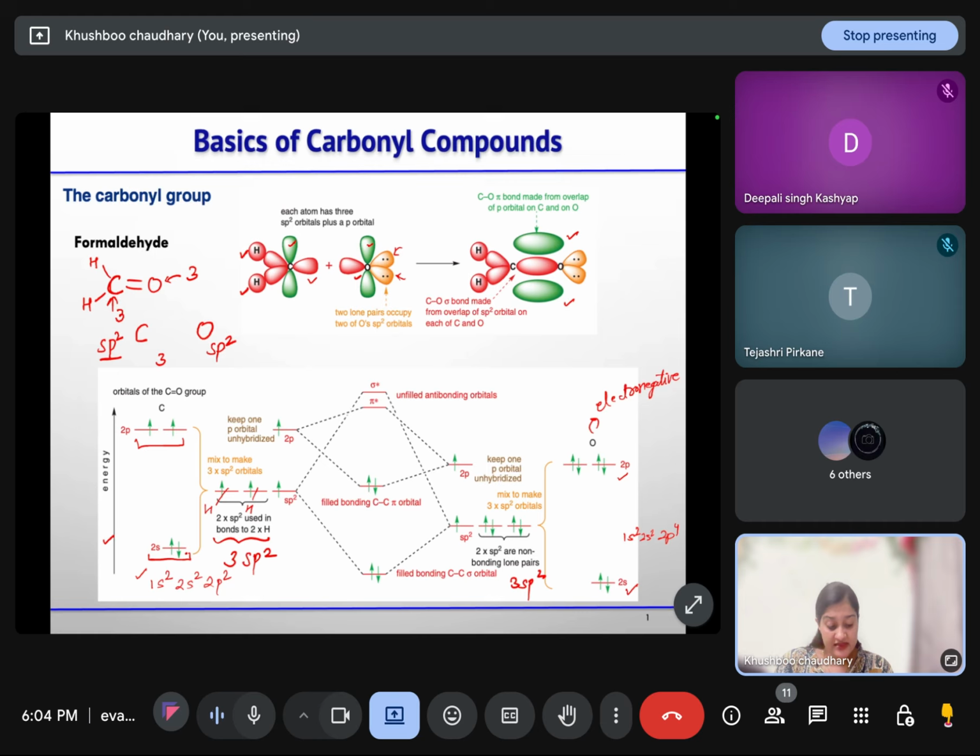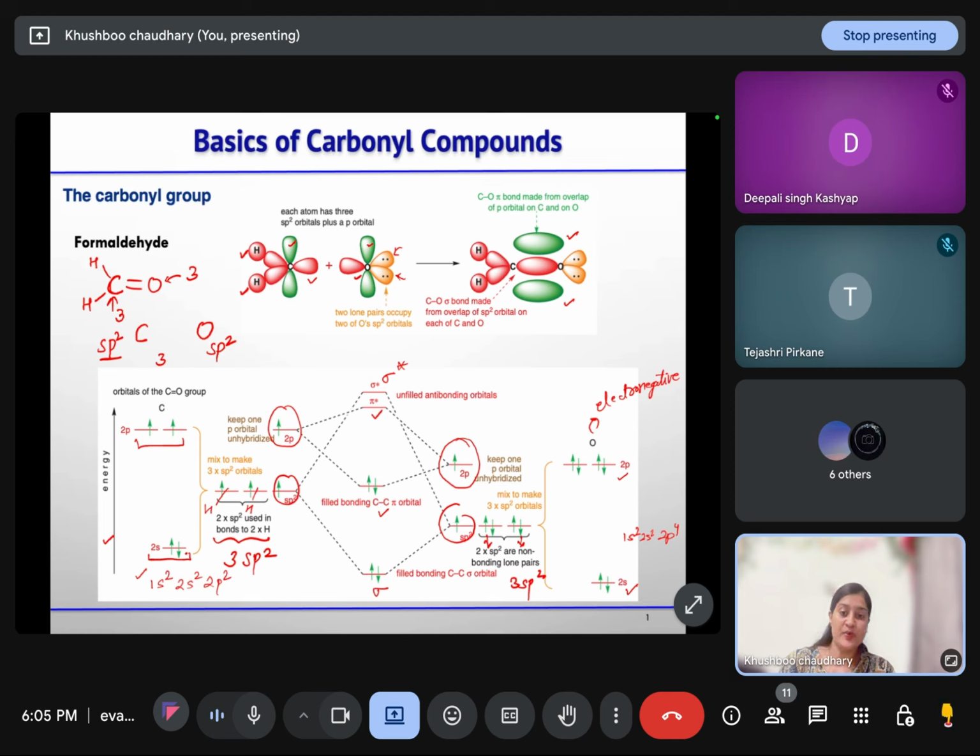Two of the oxygen sp2 orbitals are used for filling lone pairs of electrons, and one of them is shared for forming the sigma and sigma star orbitals. Similarly, the 2p orbitals on carbon and oxygen overlap sideways to form the pi and pi star molecular orbitals. So this is the molecular orbital diagram.